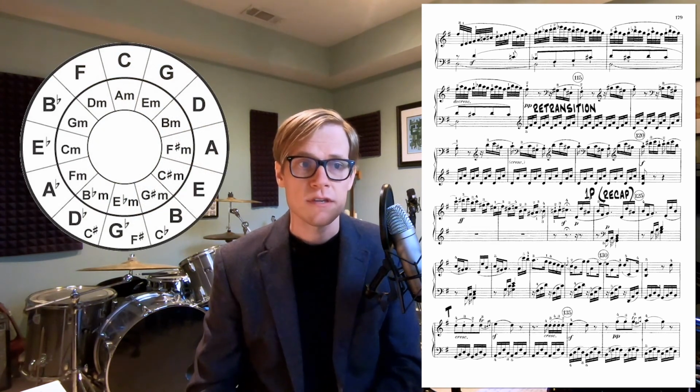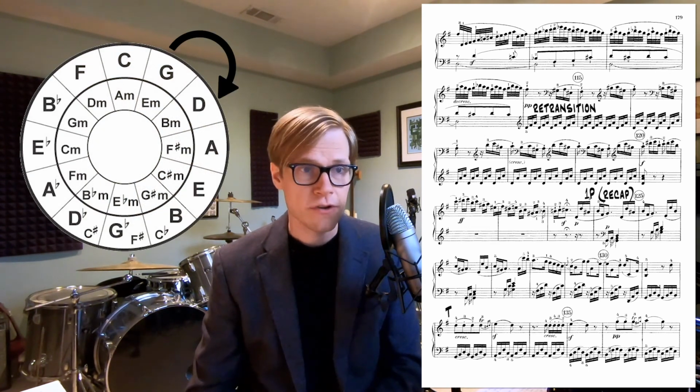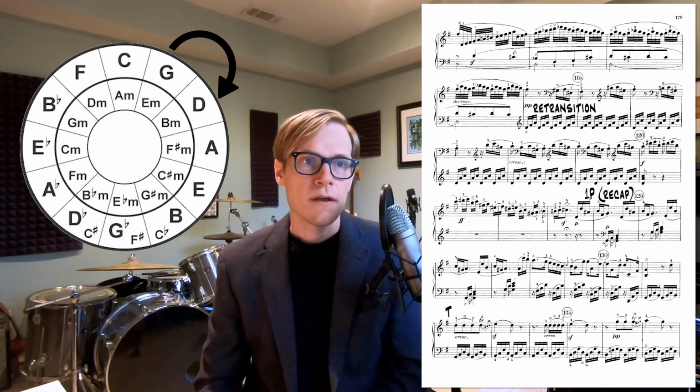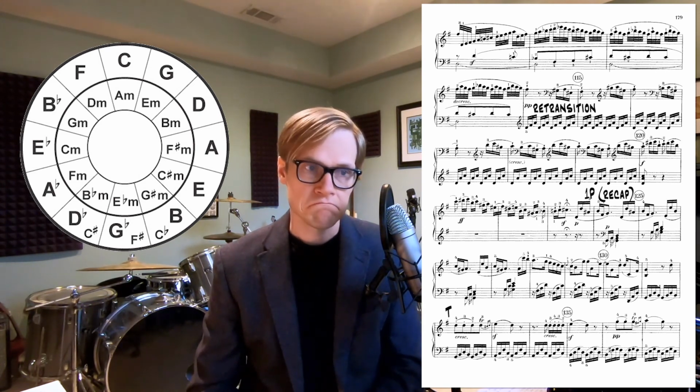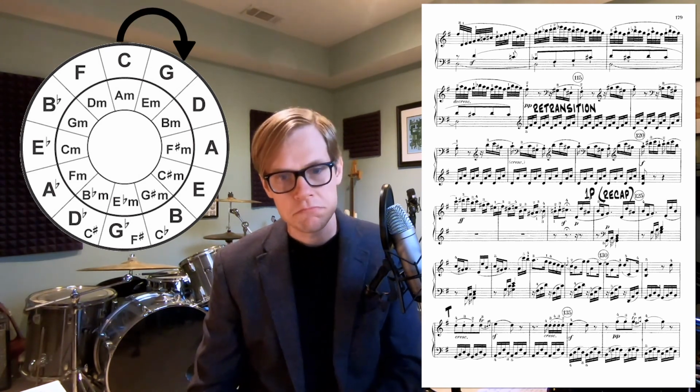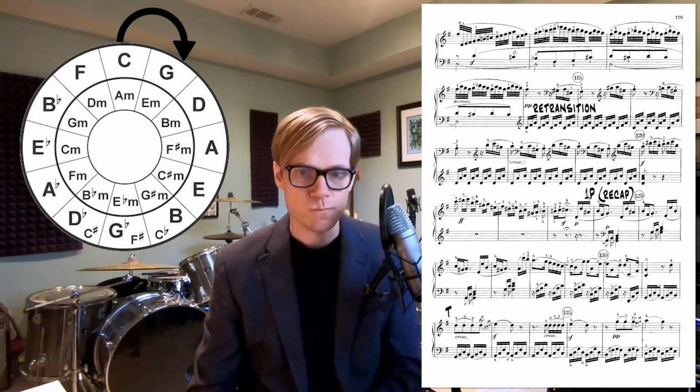This movement to the subdominant is going to be very common in recapitulations. Sometimes, as we mentioned, recapitulations can start in the subdominant. This wouldn't be considered a subdominant return like the recapitulation starting in the subdominant, but this is very common in recapitulations because that up a fifth modulation that we heard in the exposition will move us from C major to G major for the second theme group.